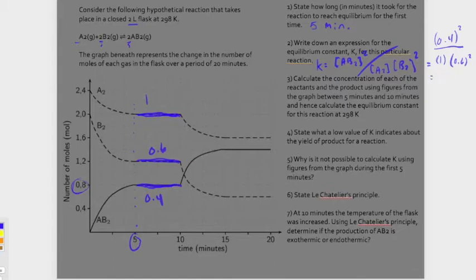Looks like my K value is not too big and not too small, 0.44. Just like that. It is kind of small, it's not like huge, and you can see that makes sense because I've not made a huge amount of product. So I would not say my product is favored right now. Instead, I get this significant mixture of reactants and products. All right.